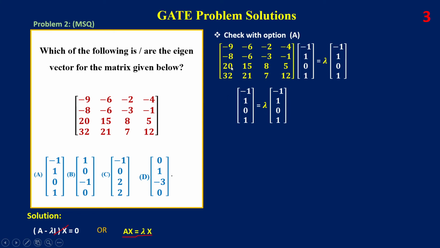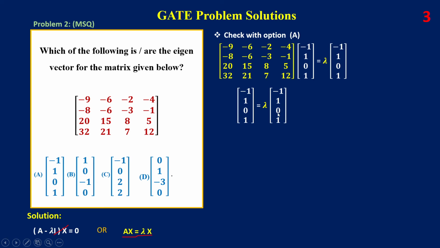Then 20 minus 20 plus 15 minus 5, and then minus 5 plus 5 is 0, the third element. In the last row, 32 into minus 1 is minus 32, plus 21 becomes minus 11, minus 11 plus 12 becomes 1, equal to lambda into the eigenvector given in option A. See this formulation: the left hand side and right hand side have the same elements.